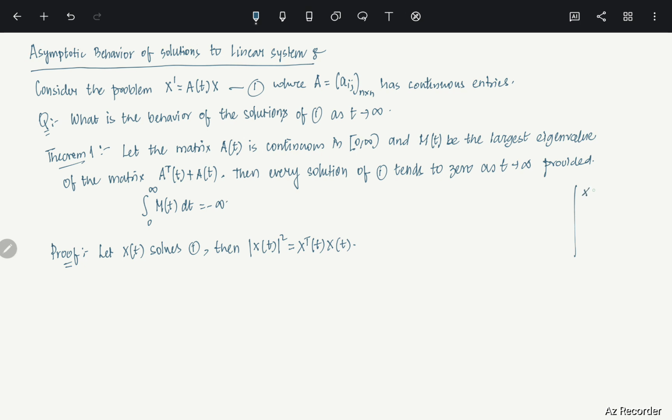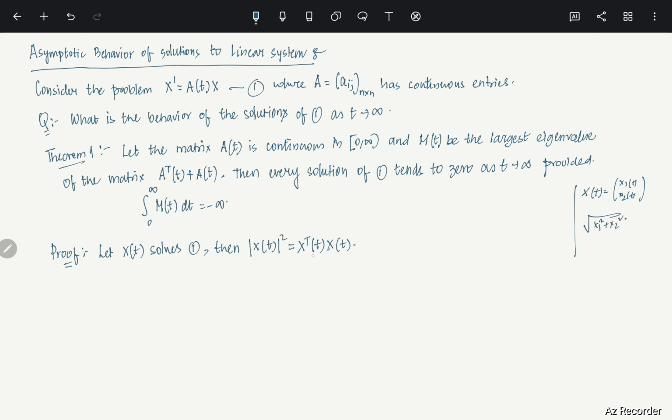Let's just do it for 2 cross 2. x(t) is nothing but (x1(t), x2(t)), right? So the square of the modulus will be x1 squared plus x2 squared.